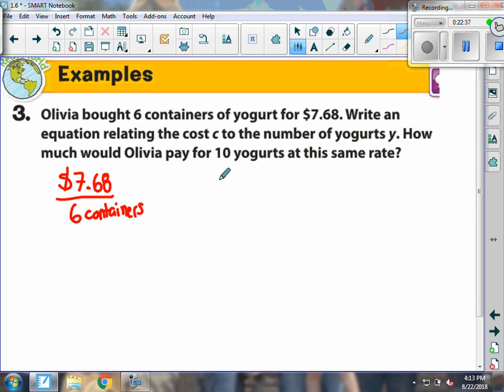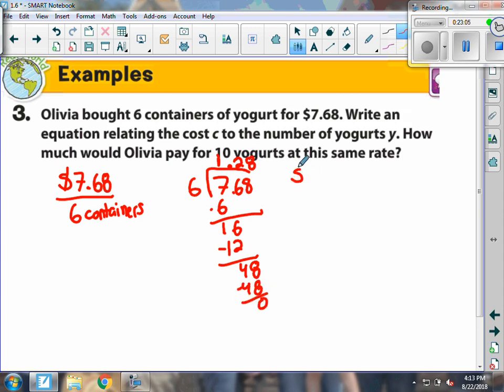So we're going to divide this. 768 divided by 6. 6 goes into 7 one time. There's my decimal. 6 goes into 16 2 times. That's 12. And 6 goes into 48 8 times.